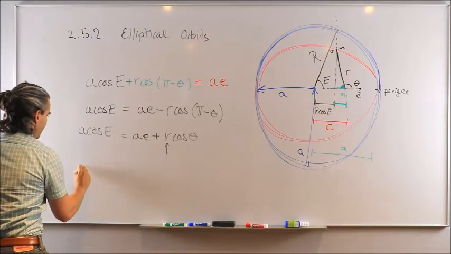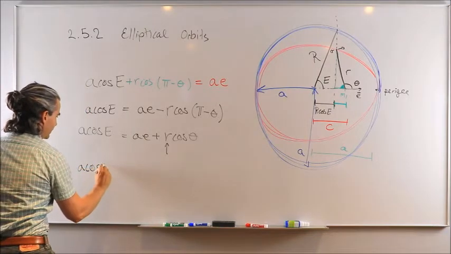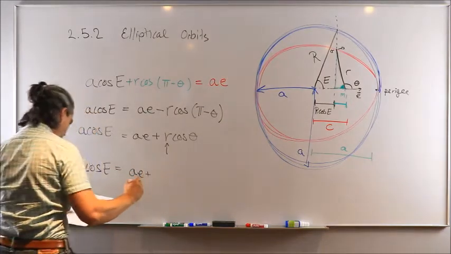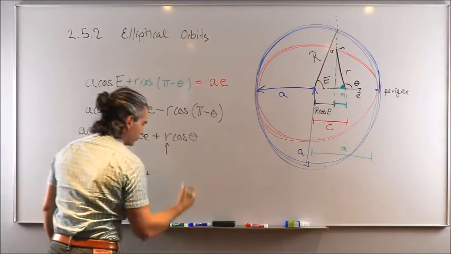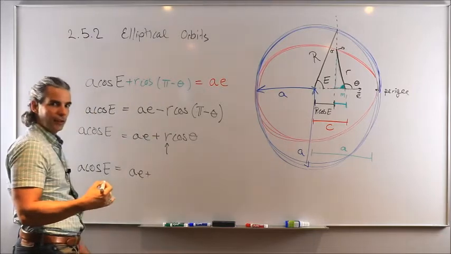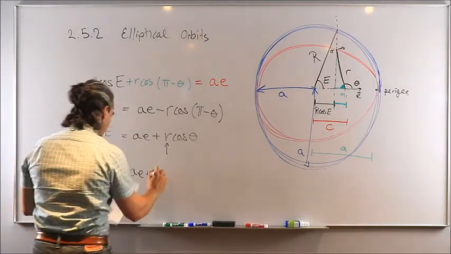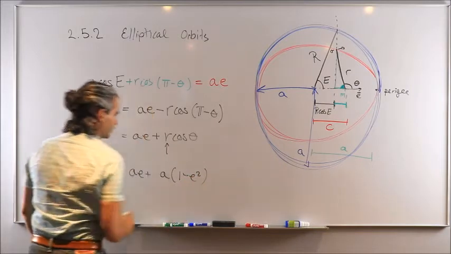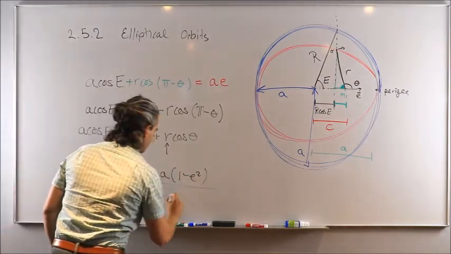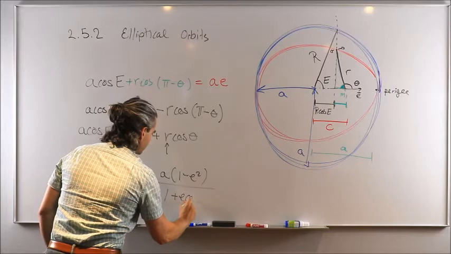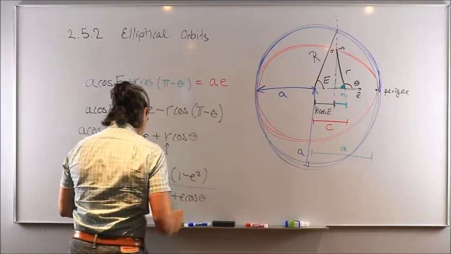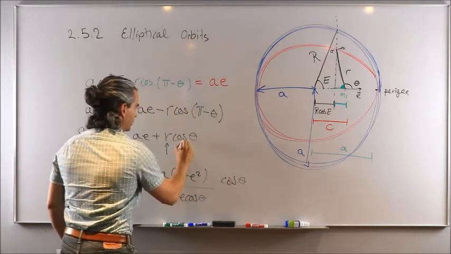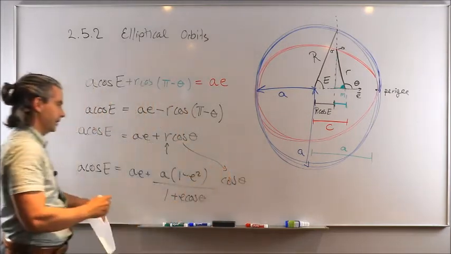So we're going to say that A cos eccentric anomaly is equal to AE plus, you could use P over 1 plus E cos theta for the orbit equation, but here I want the version that has the semi-major axis on top instead of just P. I'm using that version of our orbit equation, and then cos theta. So I'm just reporting this term here at the end of that equation.